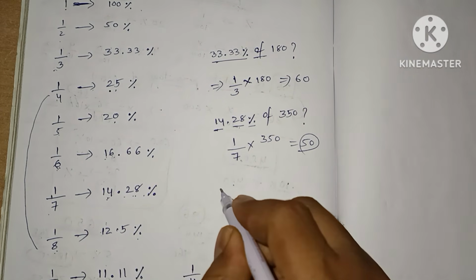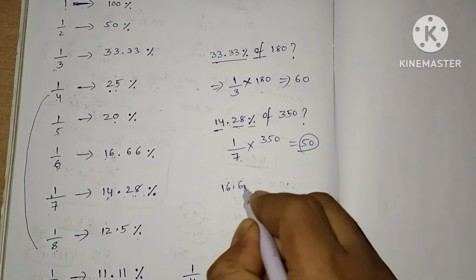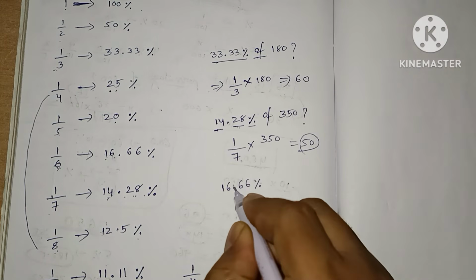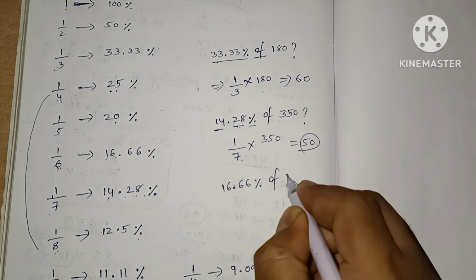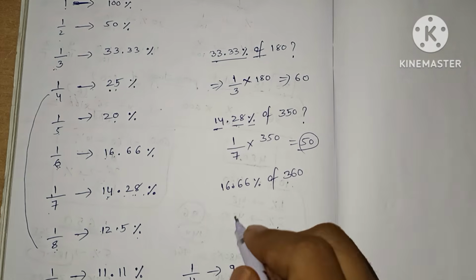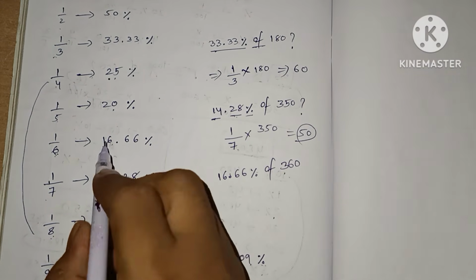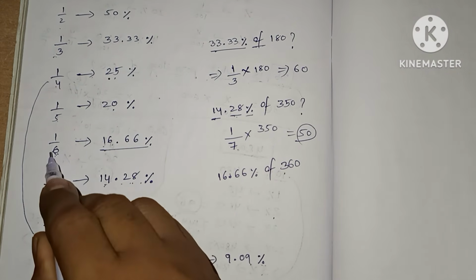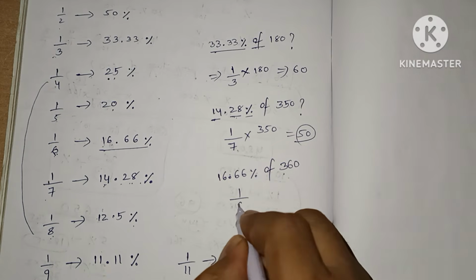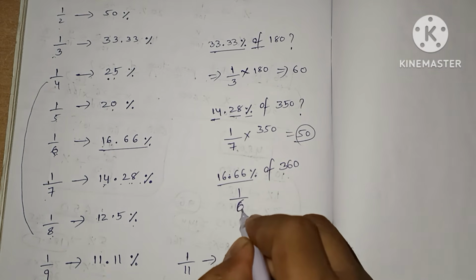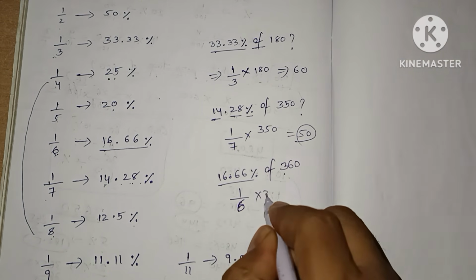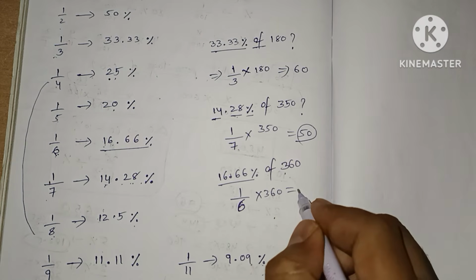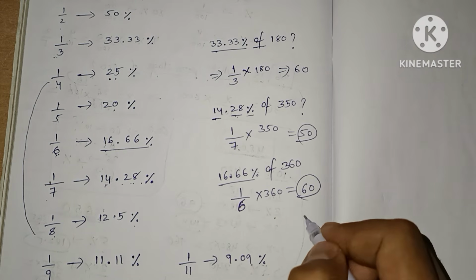Let's see one more example of 16.66 percentage of 360. I already discussed that 16.66 percentage is nothing but 1 by 6. Instead of this one, we can write 1 by 6 here into 360. We get 60 as our answer.